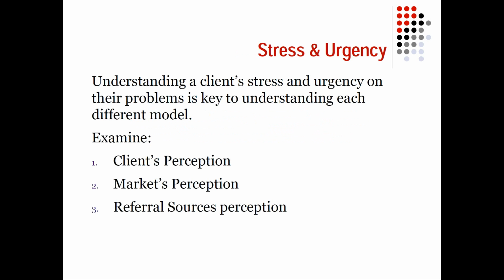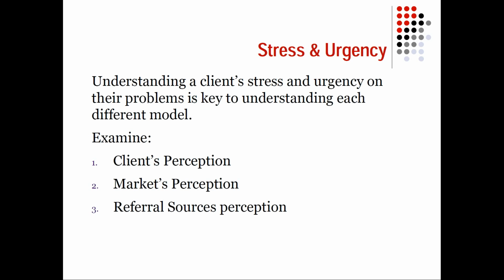Now, in my perspective, if you understand the client's stress and the client's urgency, this is ultimately going to be the key to understanding each of the different models. The models are driven first and foremost by the stress and urgency of the client and the referral source's perception. You may think that your client should have a different stress level, or should have a different urgency level.